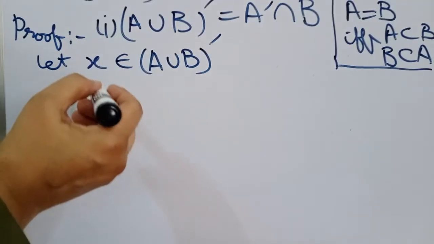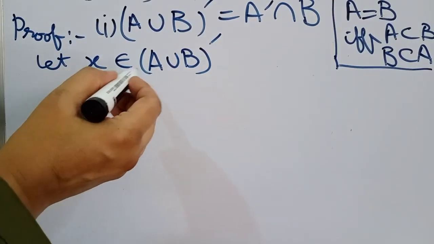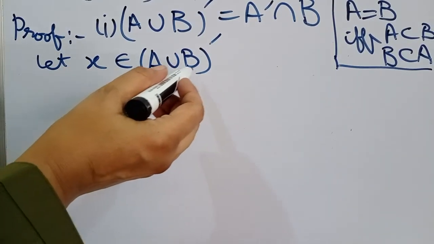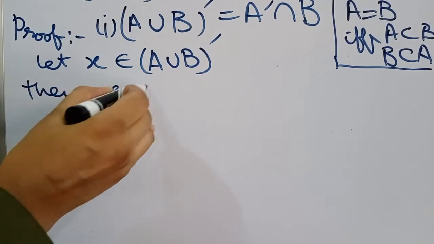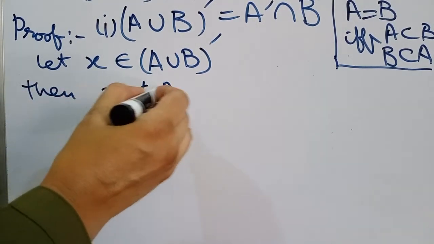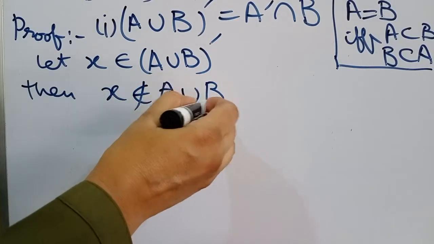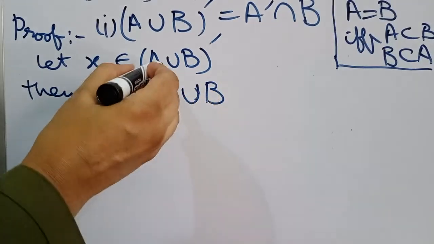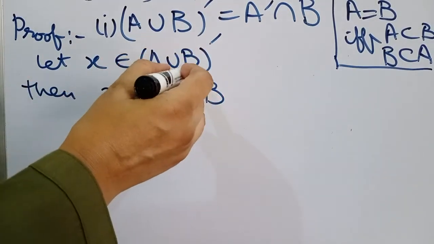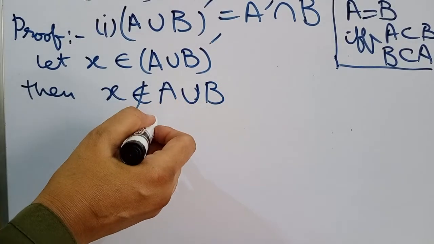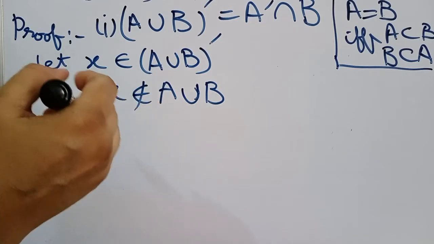Hence, if x is an element of (A union B) whole complement, then x does not belong to A union B, because a set and its complement are two sets whose intersection is empty.